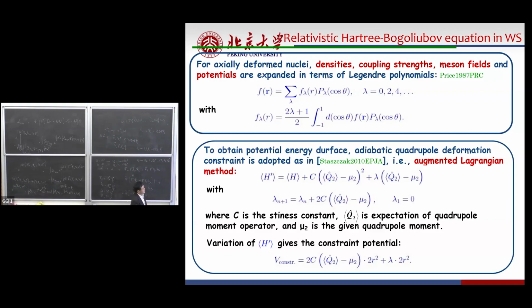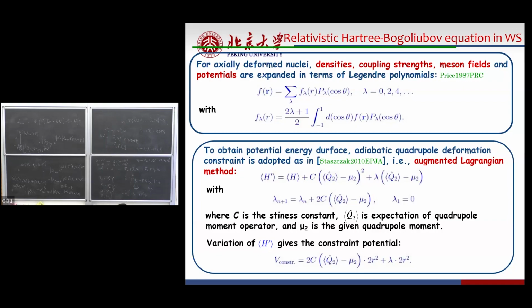And yesterday, there was already a lot of discussion, because if you do mean field calculation, you always end up with a ground state or local minimum, right? So in order to make sure that you have correct ground states, normally a constrained calculation is necessary. How to do that?